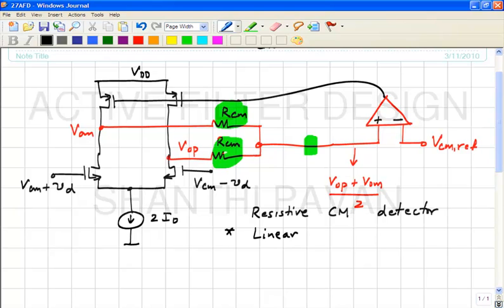An ideal common mode detector will only give you the common mode. So what do you think a non-ideal common mode detector will do?